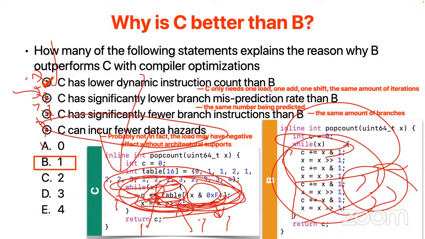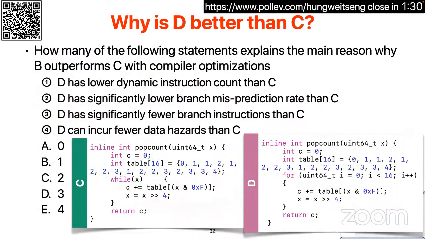So for this question, there's only one correct answer, but the reason is not only because instruction count makes things happen. It's also because it doesn't take too much time to execute those instructions, because we have architecture innovations. All right, so the most mysterious one is why D is better than C. Why is that?